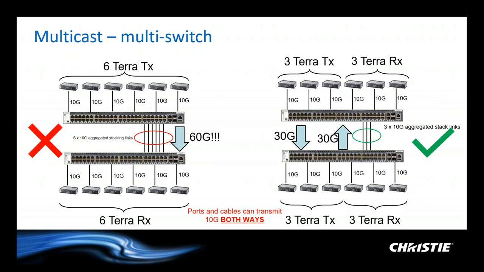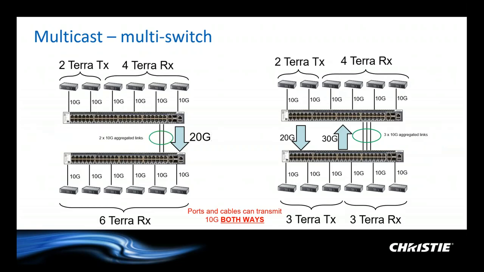I've got another couple of examples here where we're doing something a little bit different. On the example on the left-hand side, in this configuration, there are only 2 transmitters, and all the other devices are receivers, both on the top. So you've got 4 receivers on the top switch and 6 on the bottom.